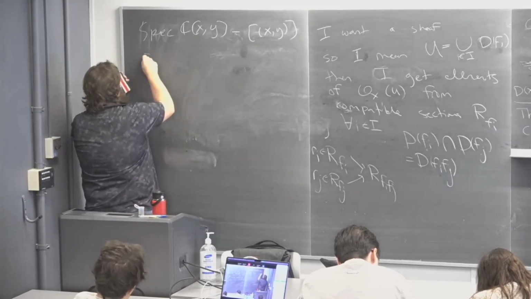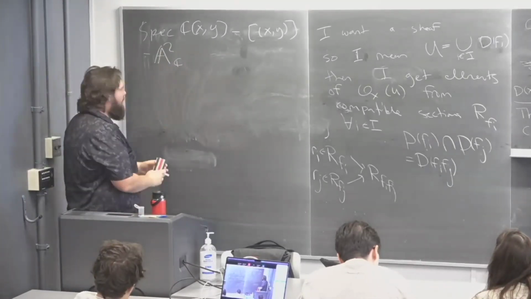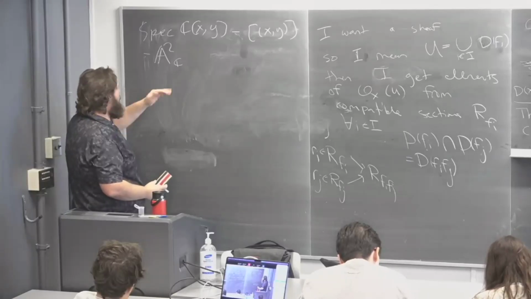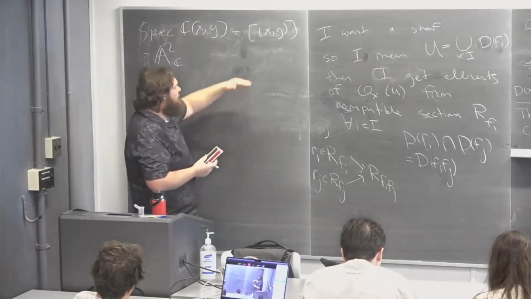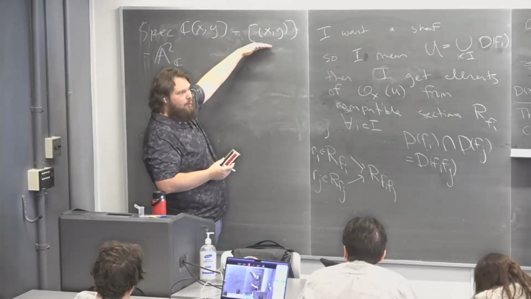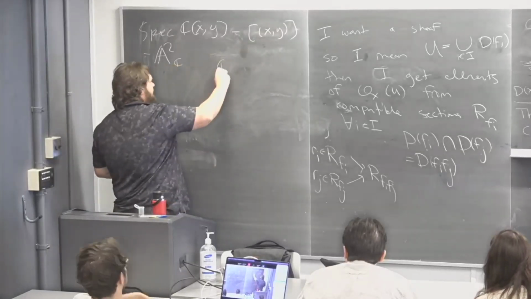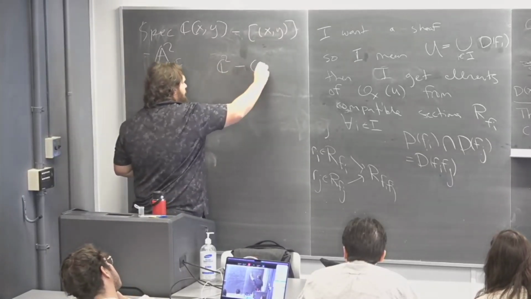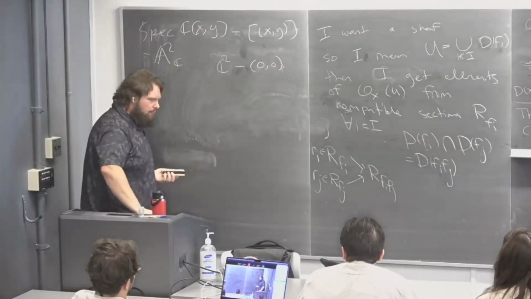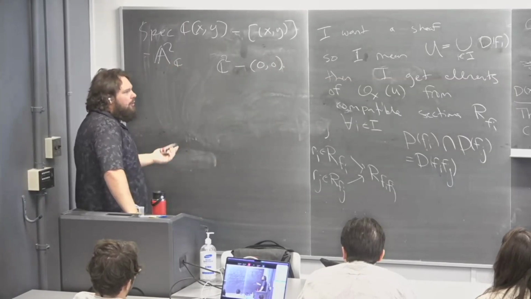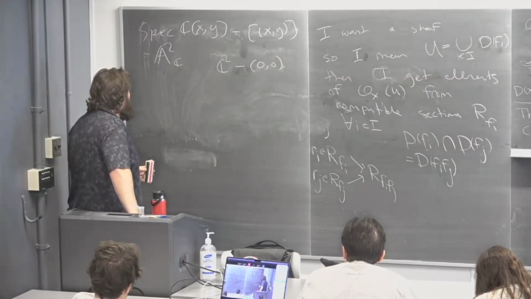This Spec is often called A^2_C. But remember, I'm also including the points for non-maximal ideals, and I'm removing exactly the point corresponding to this one maximal ideal. So you should think of this as C^2 minus the origin.